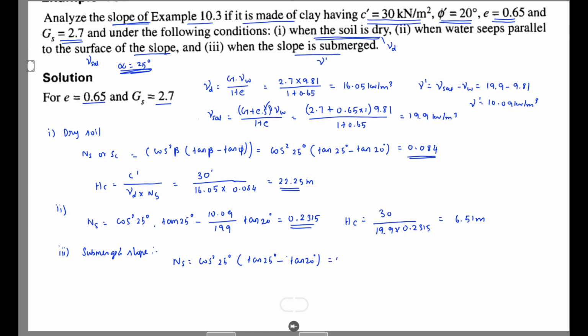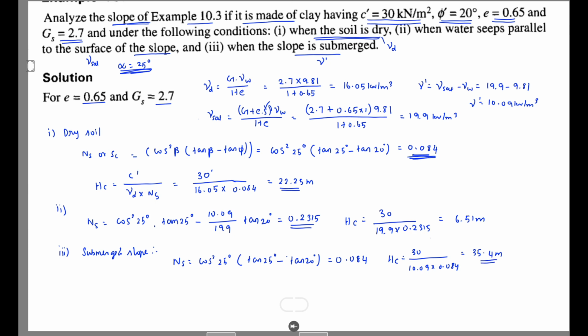Now we get the value of 0.084, which we already found. Now we substitute the value: Hc equals 30 divided by the submerged value 10.09 into 0.084. Now we get the value of 35.4 meter.